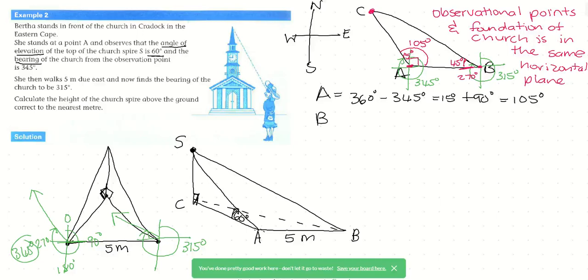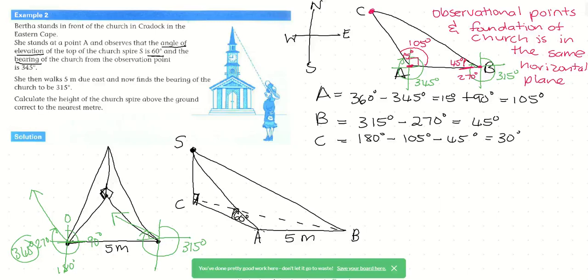Number B, we know that we need to go backwards. We've got 315 degrees, but if I take 270 degrees away from it, I end up getting 45 degrees. And then angle C is equal to 180 minus 105 minus 45, which ends up giving you 30 degrees.